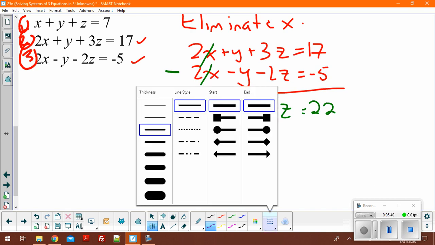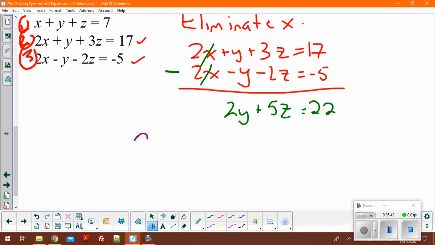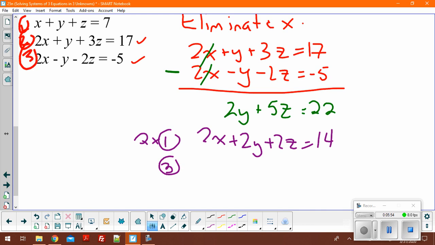So I'm going to make a little note of that here. I am doubling equation 1, so I have 2x plus 2y plus 2z equals 14. And I'm just going to leave equation 3 the way it is: 2x minus y minus 2z is equal to negative 5.